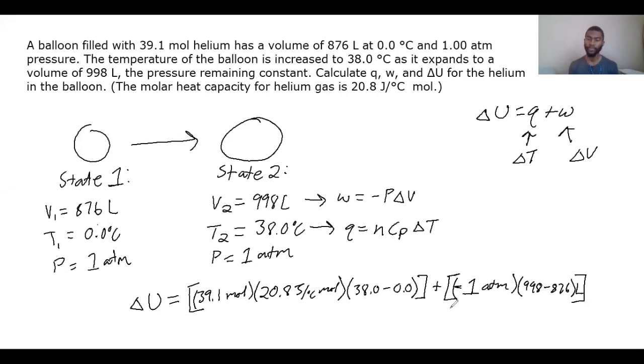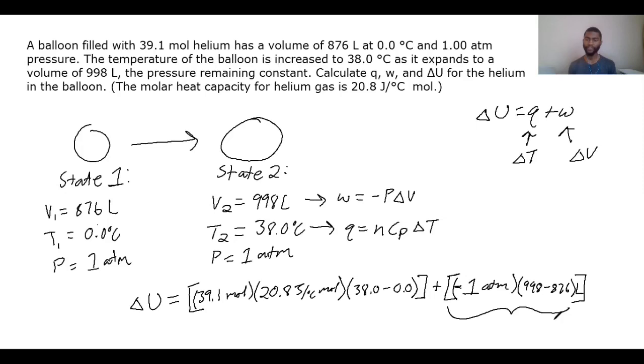Now, here, we might think we're finished, but this work value as we have it doesn't give us the work energy in joules right now. The work energy is in liter atmospheres, those are the units on that.